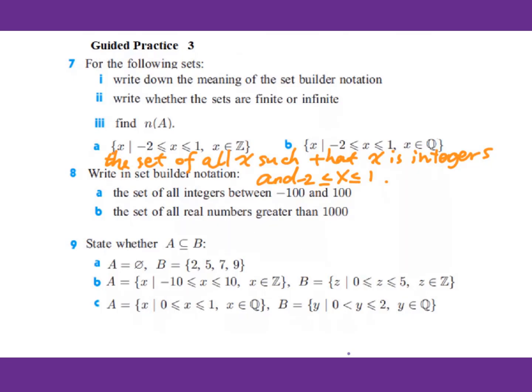This set is finite. You can list these elements in this set. We have -2, -1, 0, 1. Therefore, number of elements in A equals 4.